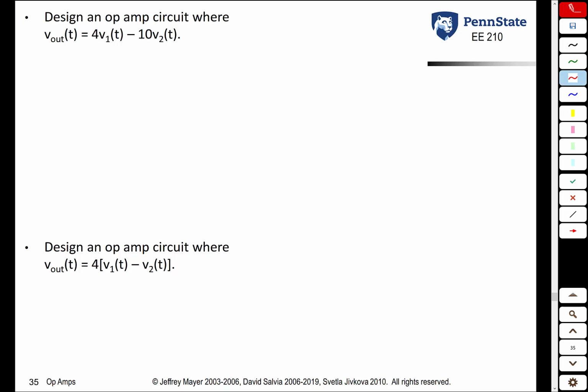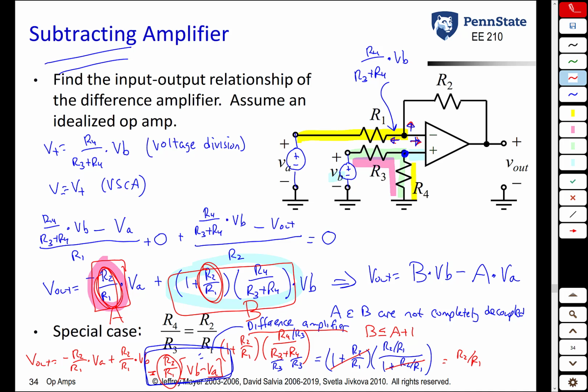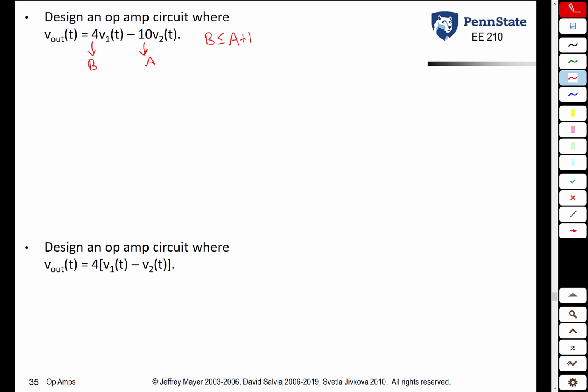So basically this is our gain capital B, and that's our gain capital A. And note that B is less than or equal to A plus 1, which we determined had to be the case. So we're okay. What happens when you have these subtracting amplifiers to design, you always design for the inverting gain first.